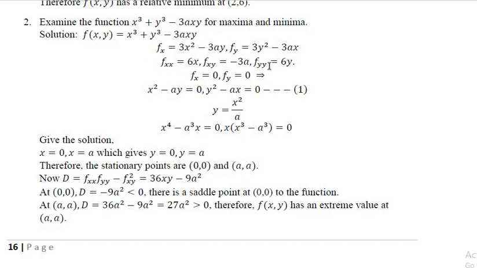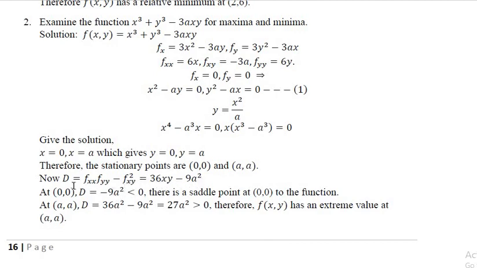Now calculate the second order partial derivatives. That is, fxx equal to 6x, fxy equal to minus 3a, and fyy equal to 6y. Then substitute all this in the formula D equal to fxx fyy minus fxy the whole square, that equals 36xy minus 9a square.